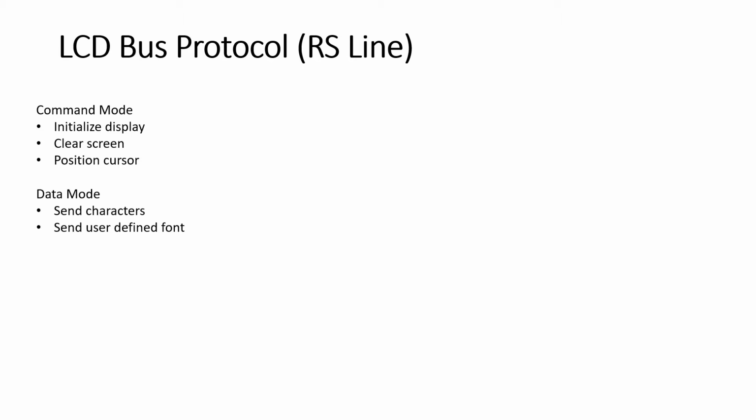Whereas in data mode, you can send characters to the display which then appear on the screen, or you might send user-defined font characters over this data mode. The control line RS, register select, is low in command mode and high in data mode.